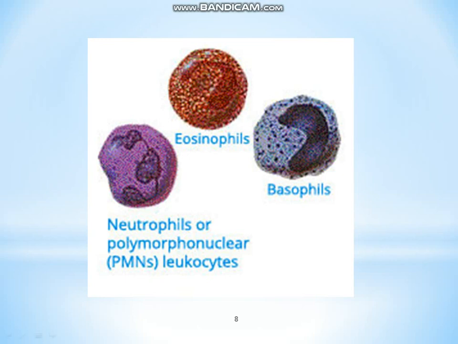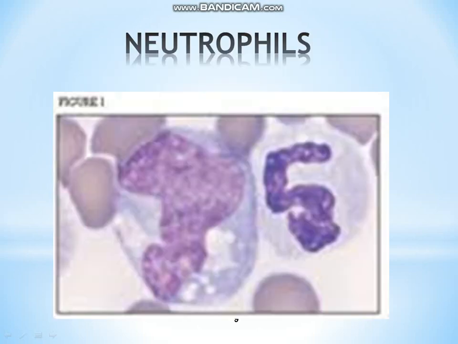Now, these 3 granular types of leukocytes will be described as follows. The neutrophilic count in a cell is about 50 to 70%. The nucleus is multilobed. The number of lobes varies from 2 to 6, but mostly it is 3 to 4.